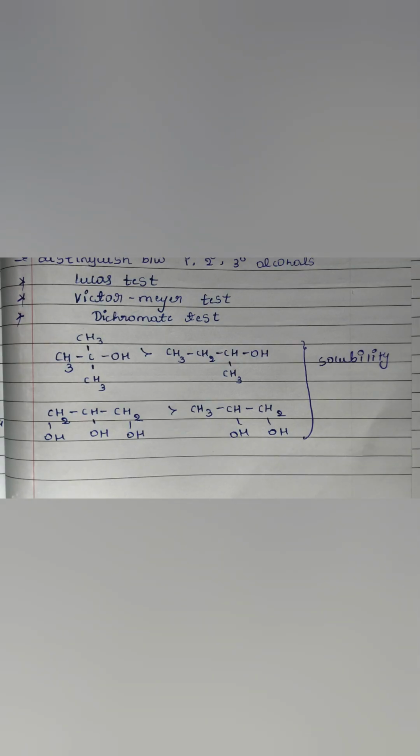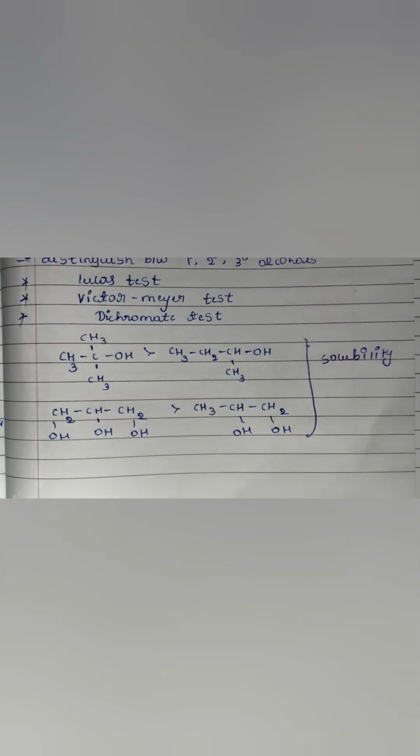So this glycol is greater than this propane-1,2-diol. Boiling point order: as the number of carbons increases, boiling point increases. So C6 is greater than C5 is greater than C4, and as branches increase, boiling point decreases, and as the number of OH groups increases, boiling point increases.